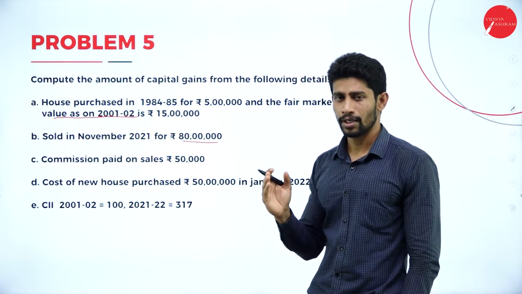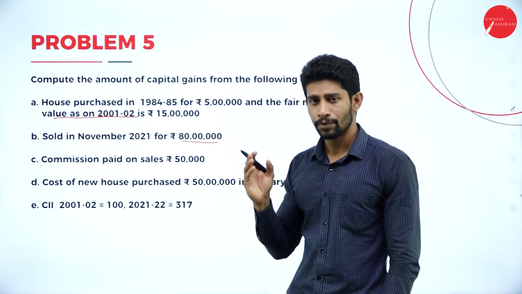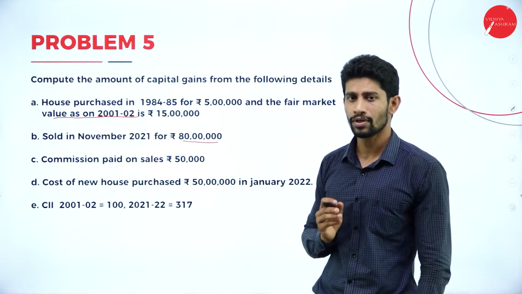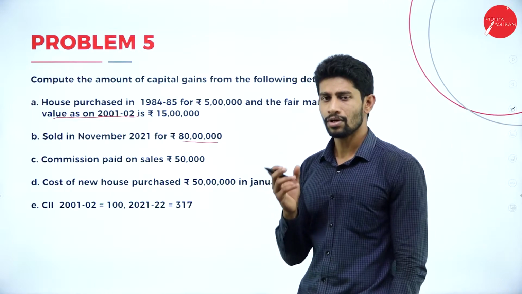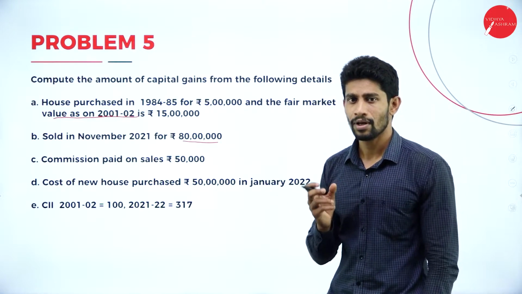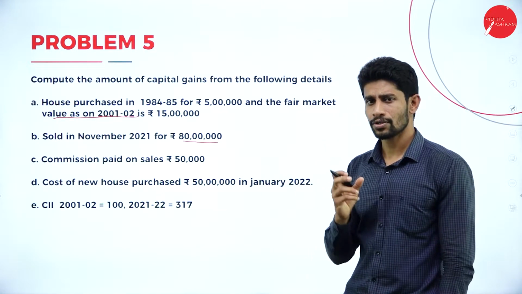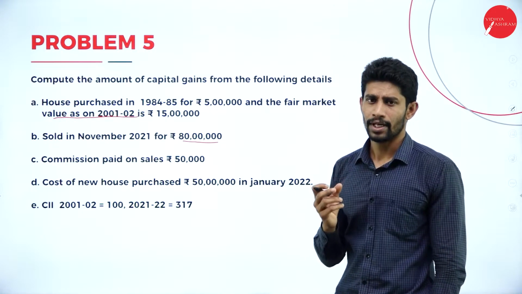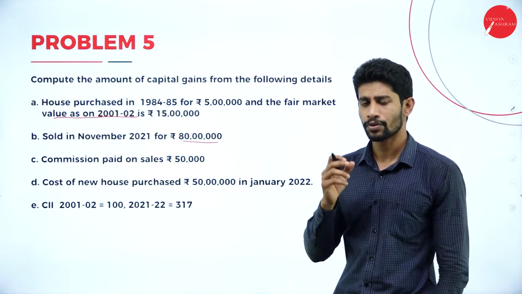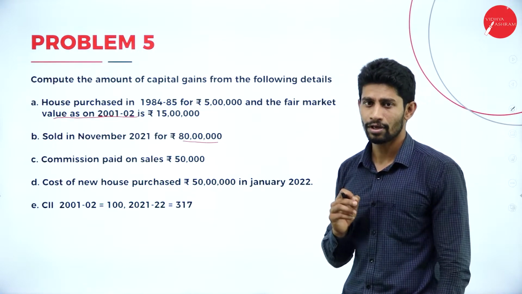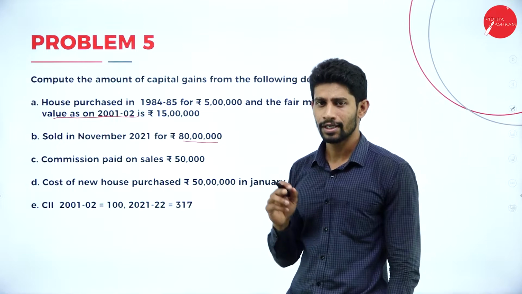If any property purchased prior to 2001-2002, we are supposed to find out the fair market value as on 2001-2002. Okay, so based on fair market value, you are supposed to find out the indexed cost of acquisition of a particular property.